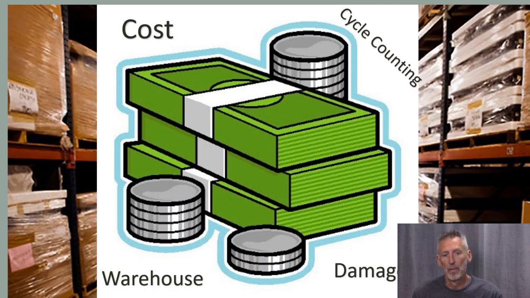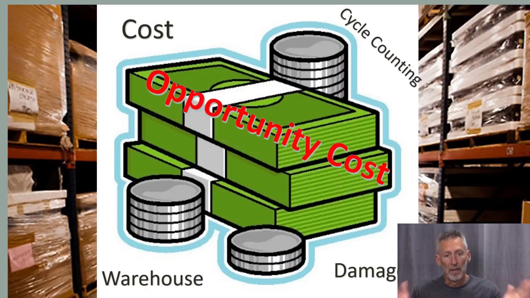So either having a system or having resources, people in place to do cycle counting. Some of that's being done by drones today. I think that's pretty fascinating. But beyond all of that, holding inventory or too much inventory has a cost. Too much inventory has an opportunity cost.